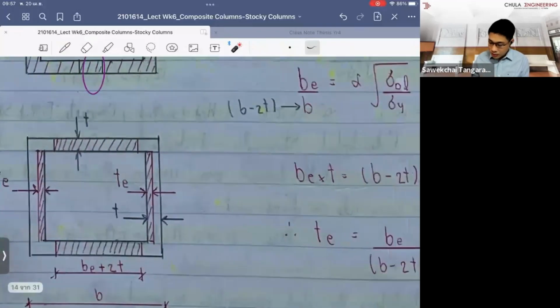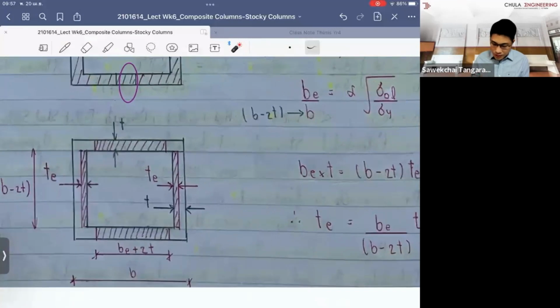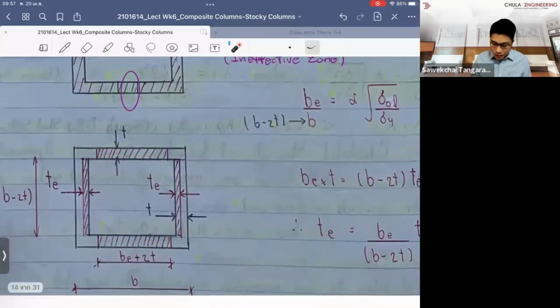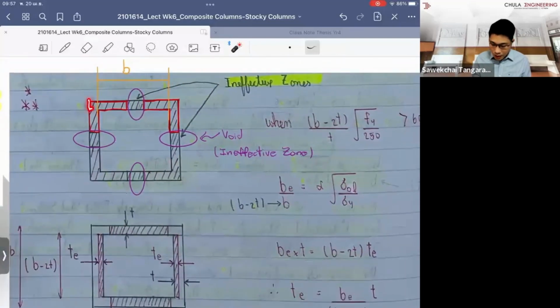What they ask is that you just lump them, so you sum them together. The top part and the bottom part, you just take these two areas, sum them, and leave them in the middle.